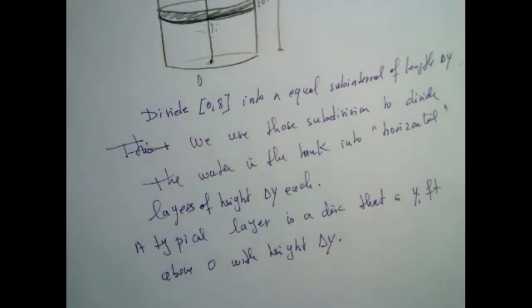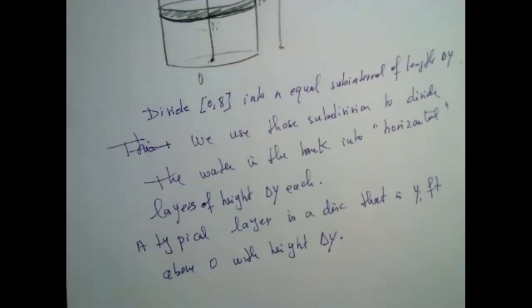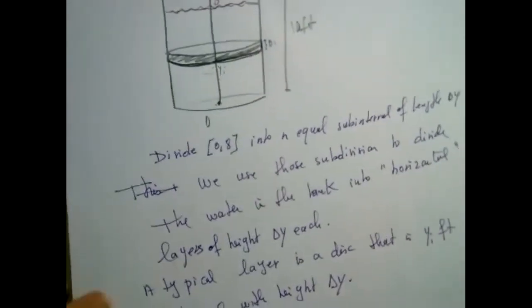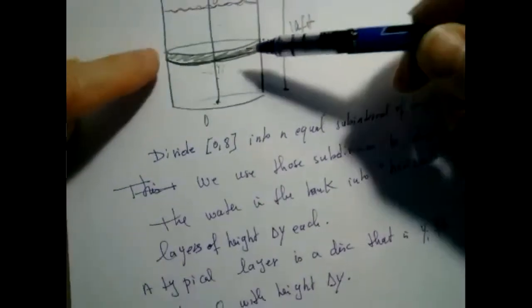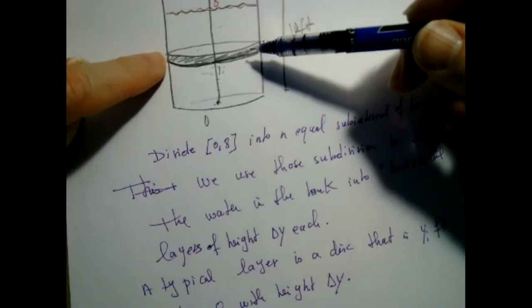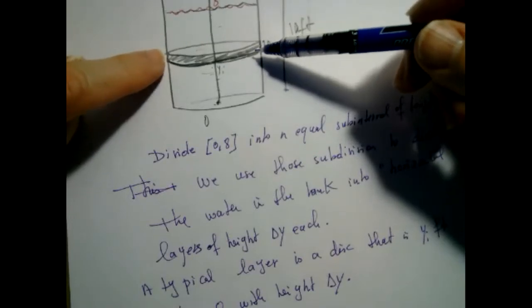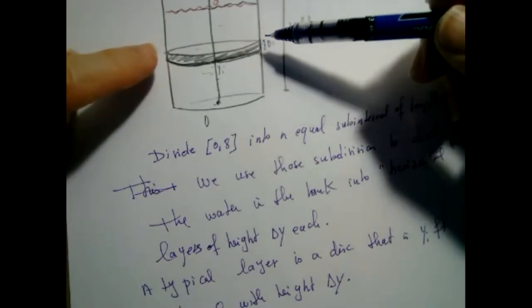So that's really my typical layer. It's a little disk, yi feet above 0 with height delta y. Now we're going to focus on one layer, and find the work needed to lift a typical layer.